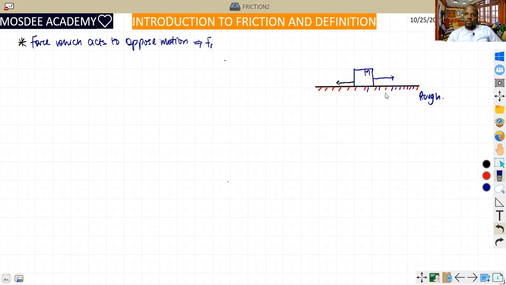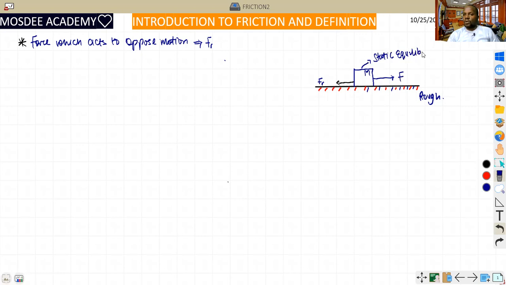So if a force acts along this direction to pull this body of mass m, a frictional force, which I will denote by F_R, will also act. This frictional force will oppose the motion of the body, and the body will remain in a state of static equilibrium, or rest, as we called it in earlier classes.